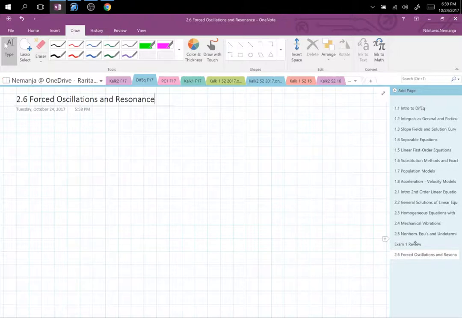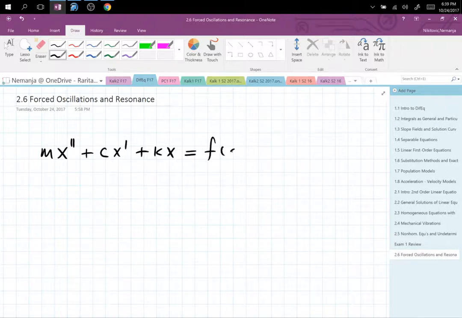So for those of you who remember, the major equation was mx double prime plus cx prime plus kx is equal, it used to be equal to 0, now it's equal to f of x. So we're going to use this equation here to get our system described.